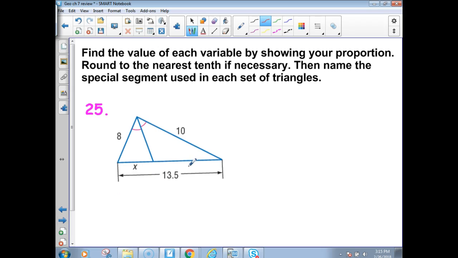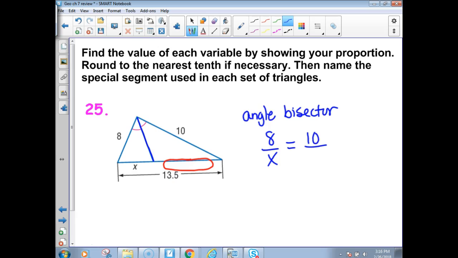25. Oh, we have to have something to go here. Name the special segment. Well, what is this thing? Okay, so that's an angle bisector. And the proportion would be 8 is to x as 10 is to what? Which one's bigger, x or the 13.5? Well, you can tell.